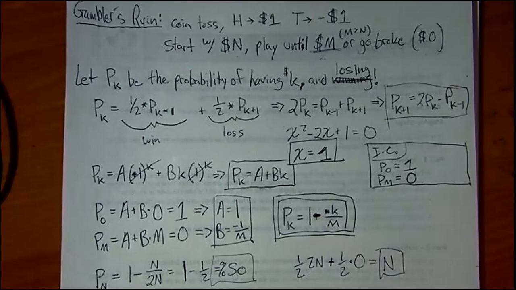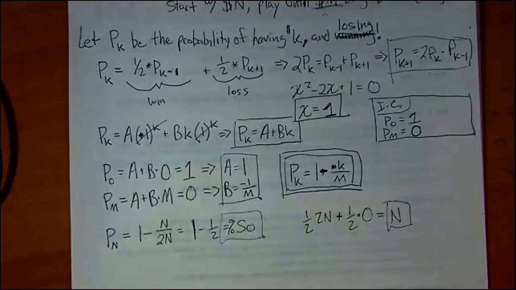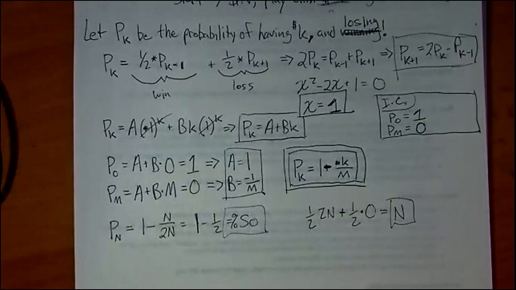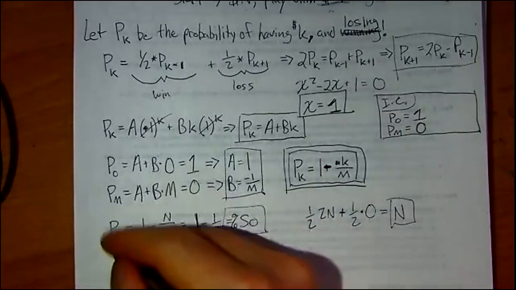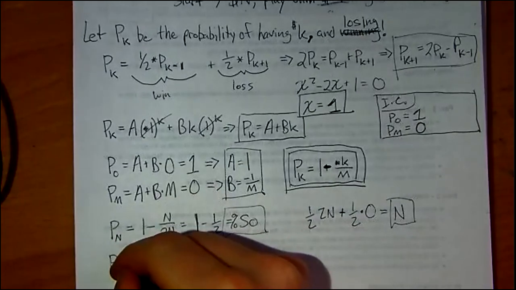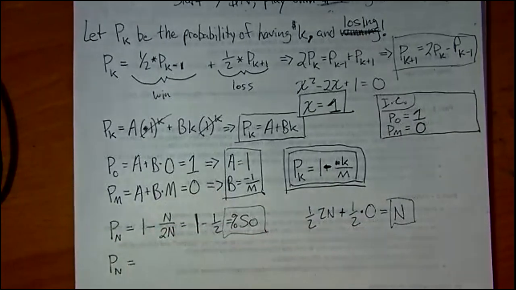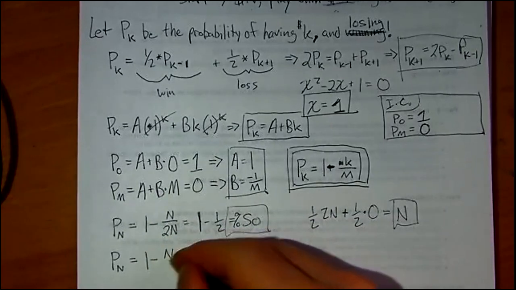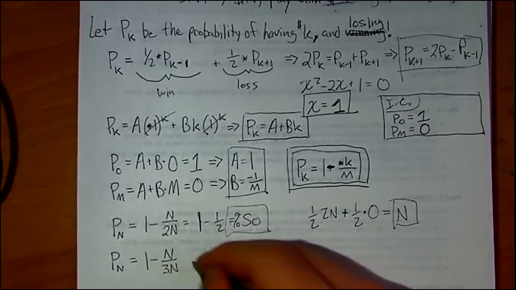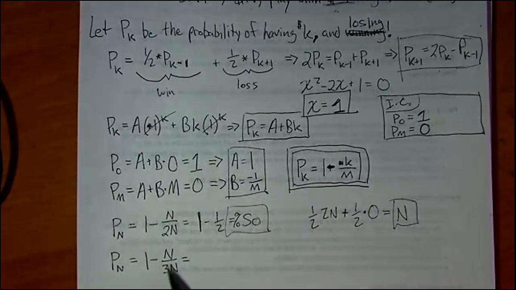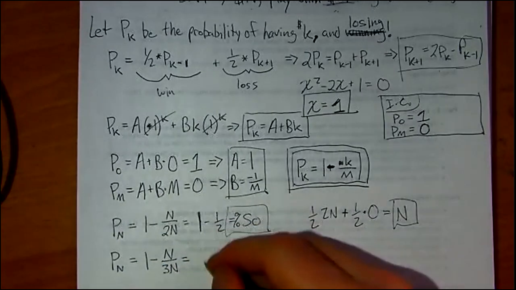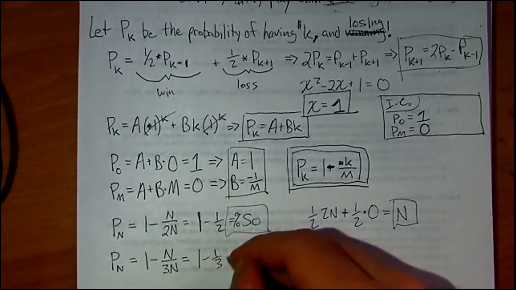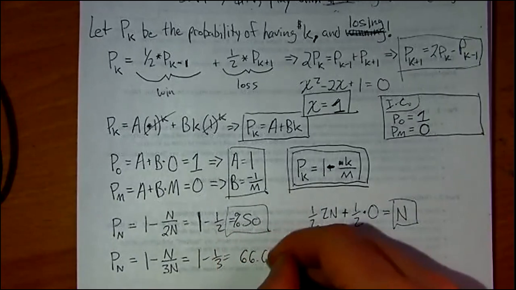Let's say that you want to triple your money. So instead of stopping when you get $200, you stop when you get $300. Well, the probability of losing, if you're trying to triple your money, is going to be 1 minus n over 3n, which is 1 minus a third, which is 2/3, or 66.6%.